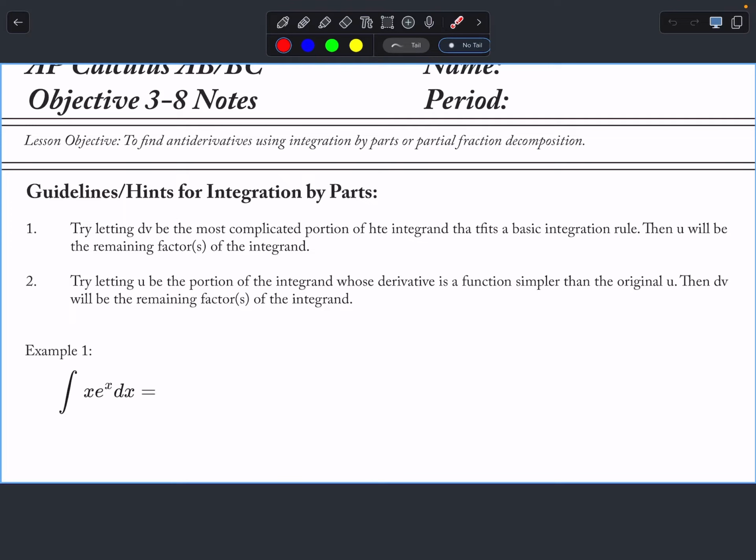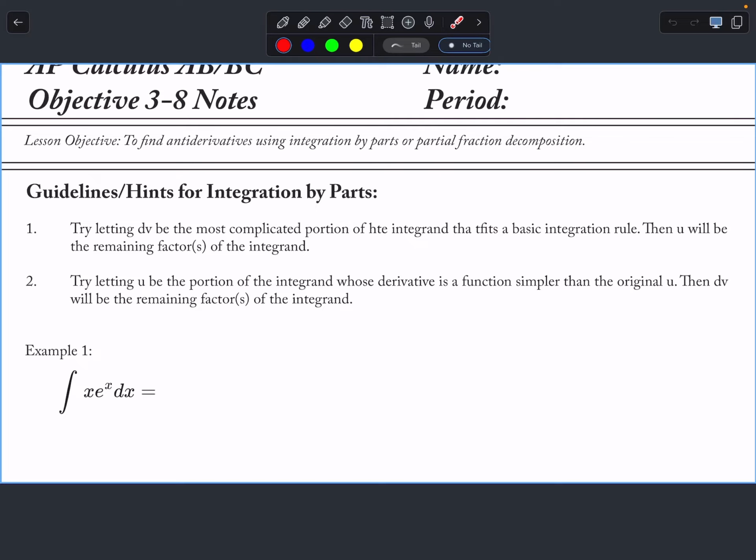So, this is the reverse of product rule, but it's used in a specific situation. Reverse of quotient rule, but only used in a specific situation. Okay. Everything else has a u-substitution application to it.